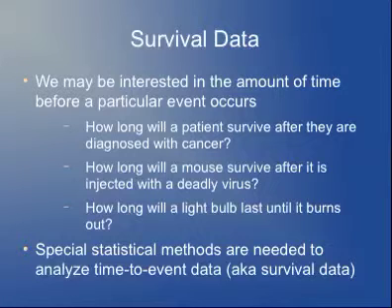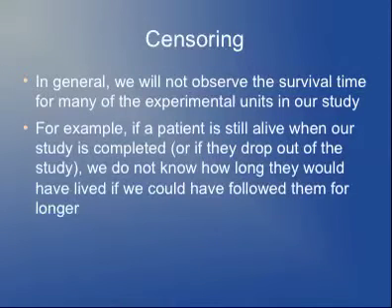And we need some specialized methods to deal with this type of data for reasons that I'll discuss shortly. The big issue that makes analyzing survival data more challenging is censoring, which means that basically at the end of your study, a lot of people will still be alive.